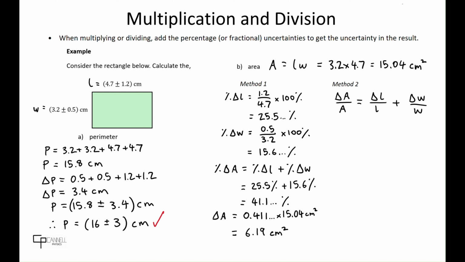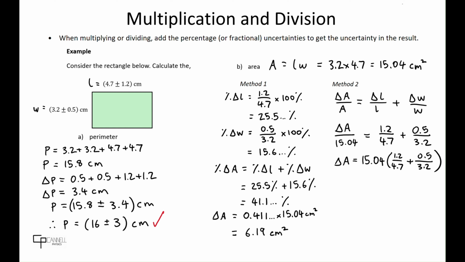And substituting all the values, I get... And now rearranging for the uncertainty in area, I simply multiply the 15.04 across, which gives me... And this, as you might expect, equals 6.19 square centimeters.